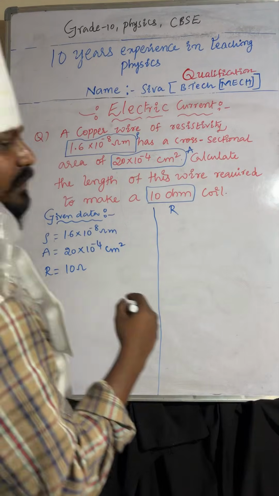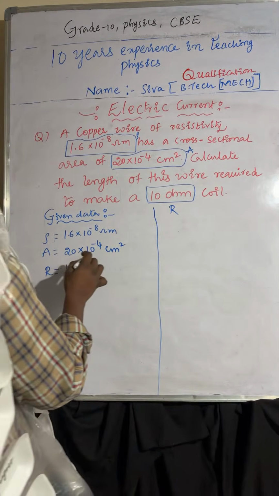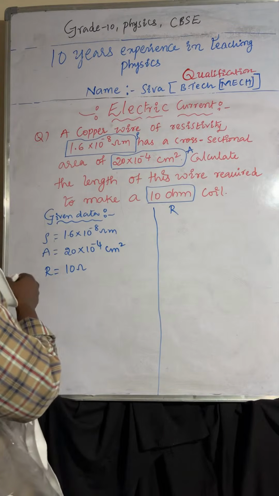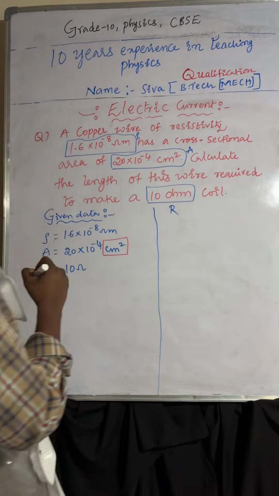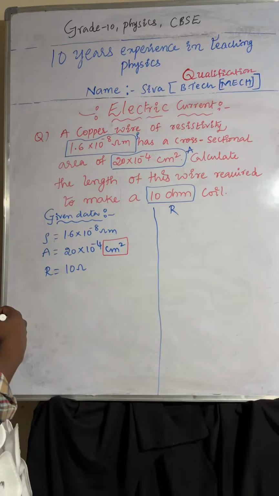Here we have to check whether all units are in one system or not. Here they have given centimeters, remaining all are in the SI system. You have to check first whether all units are in one system or not.